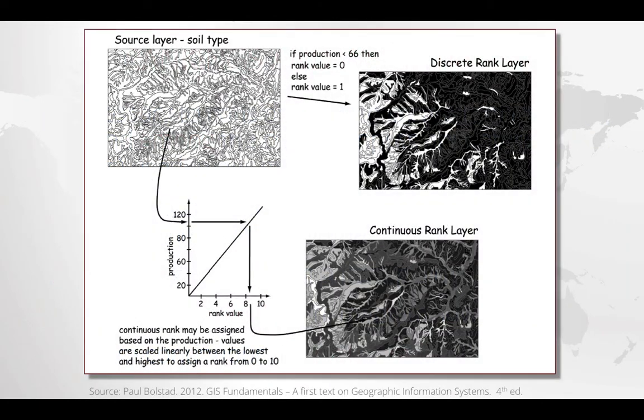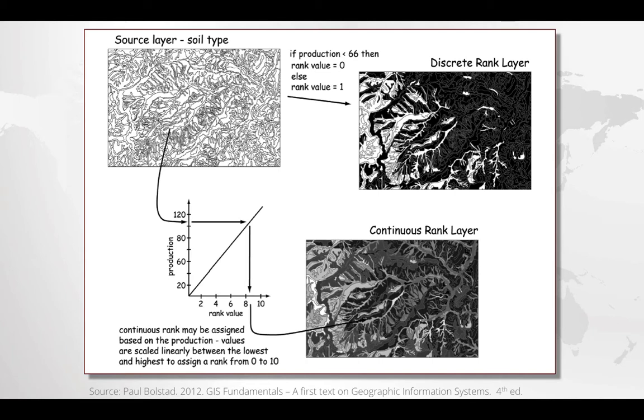So for example, you might have a source layer, and this is an example of changing it from a discrete rank layer, something like an ordinal data set, to a continuous rank layer. In this case, I'm taking the soil types and looking at, in essence, production for crops, probably.